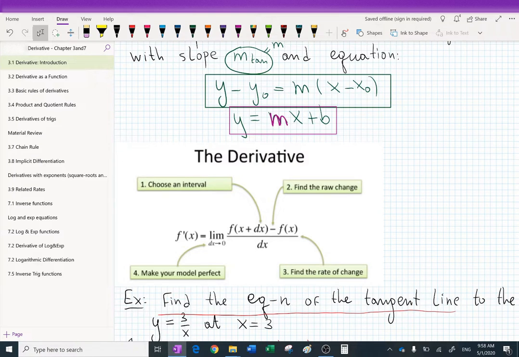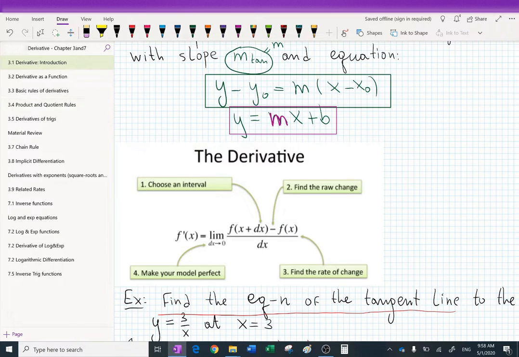Then we wanted to make it perfect, so we introduced the limit and made sure that the change in input shrinks to 0, so that it's that micro moment we are looking at. It's so small that we could call it instantaneous change. When the limit was introduced and the change in input was shrinking to 0, the whole result gave us the tangent line or derivative, the instantaneous rate of change.